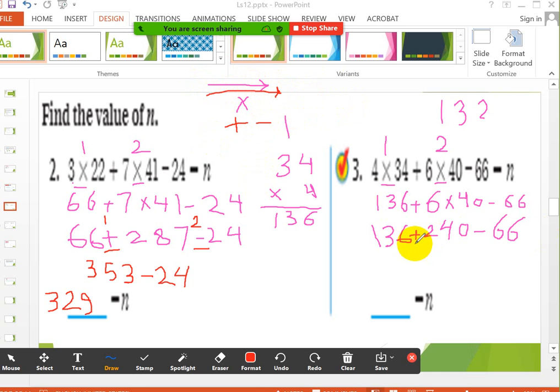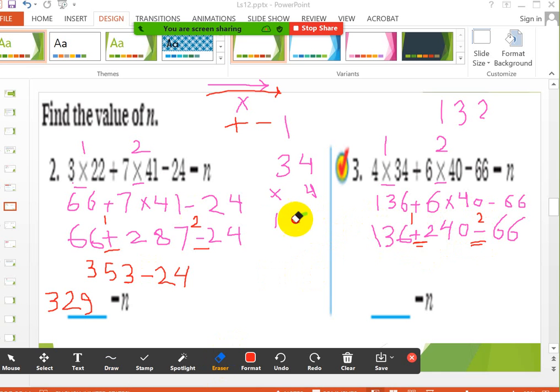So first, this is the first operation from the left, which is here addition. So I have to add the numbers first, then I will do the subtraction. So I have to subtract the numbers. Okay, so let's start with addition.